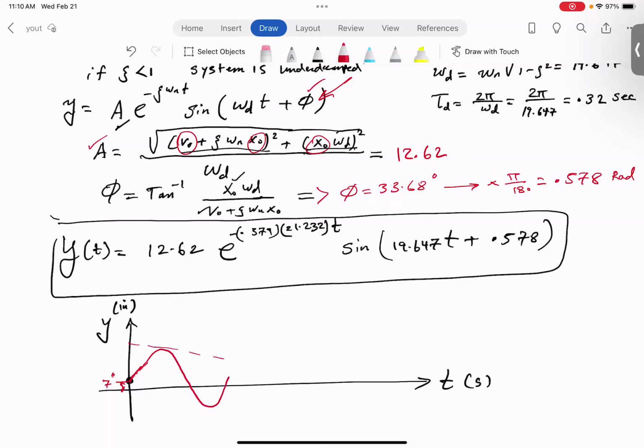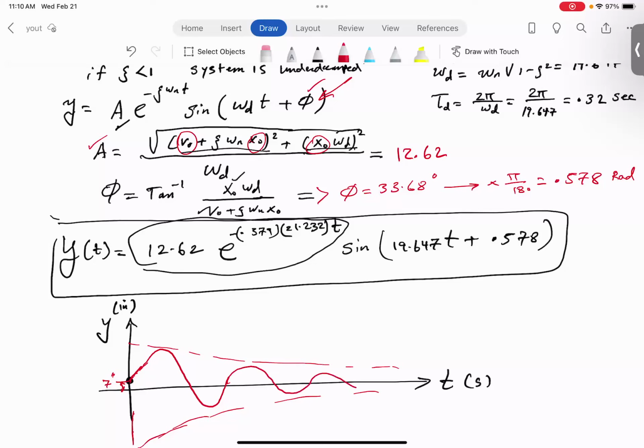Basically you have an envelope like this, and that envelope is represented by this exponential term. And you have a sine wave which is dying within this envelope. And what I showed you here, this 0.32 seconds, is the distance from peak to peak. So that's the damped period, guys, which happens to be 0.32 seconds.